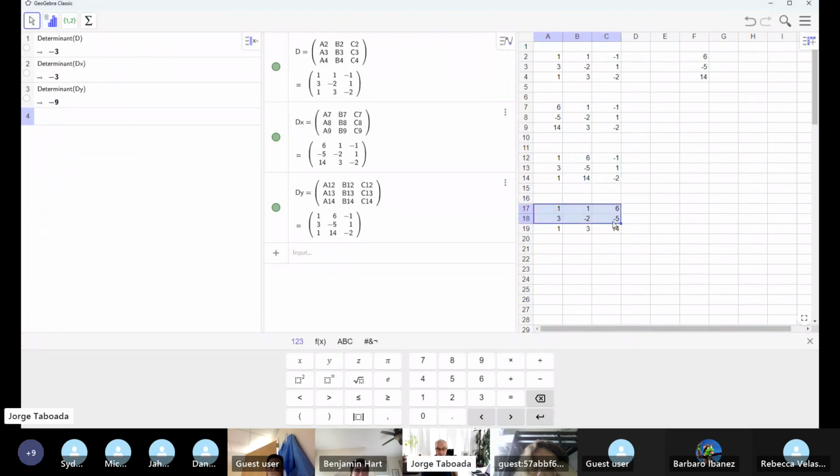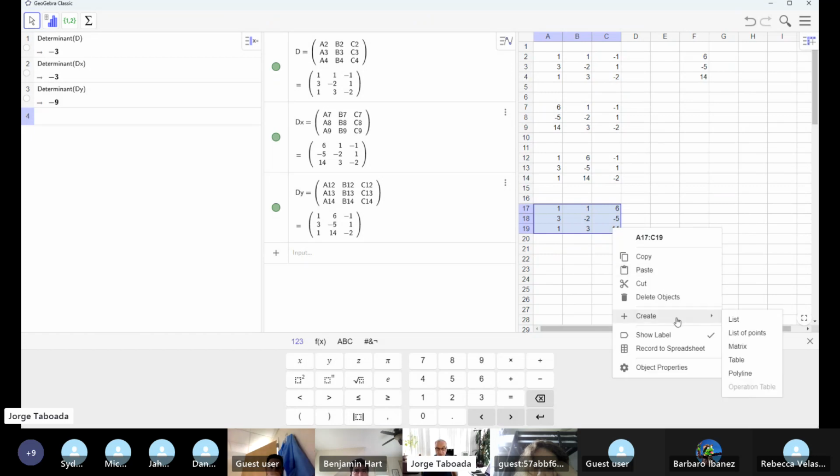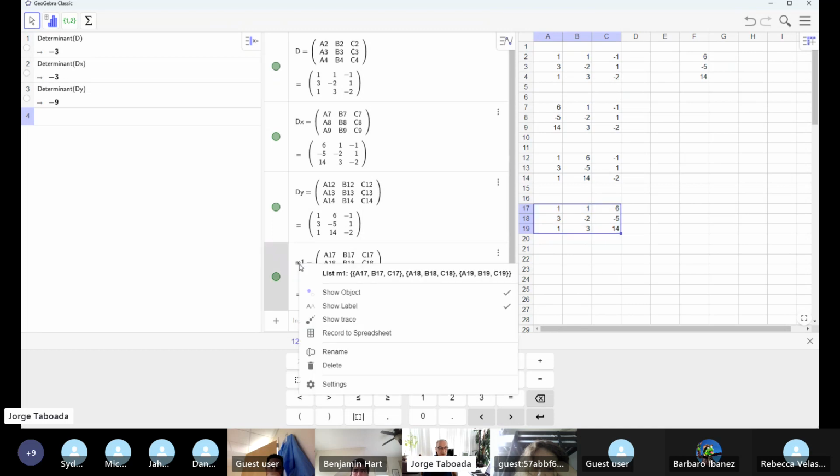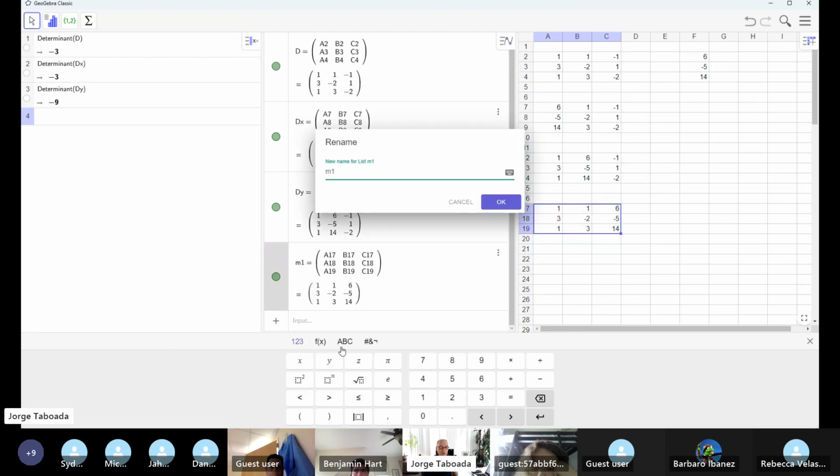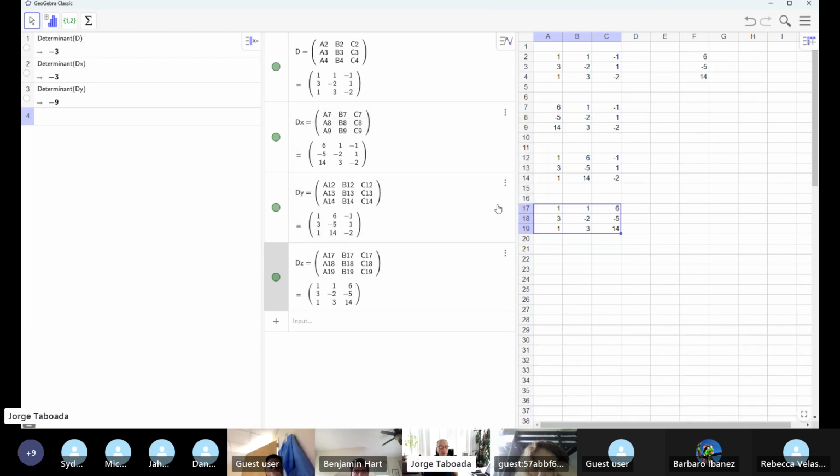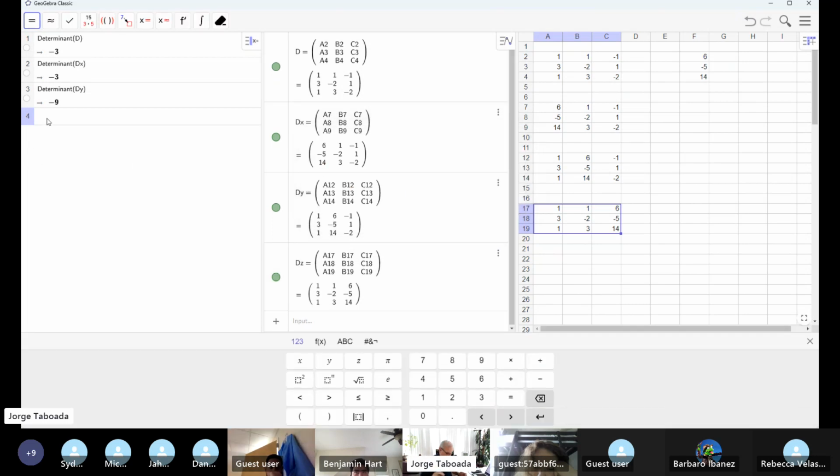Now finally dc. Select, create the matrix. Okay, this is dc, rename. And the determinant of dc is 6. So c is 6 divided by -3, which is -2. The answer is negative, and that's it.